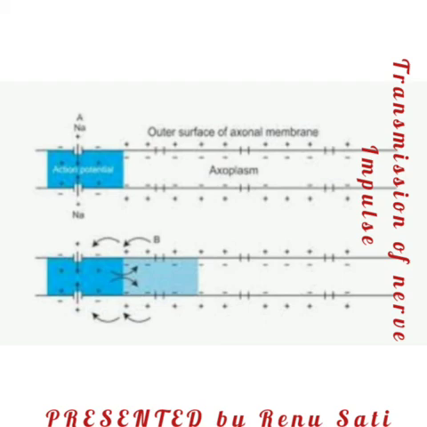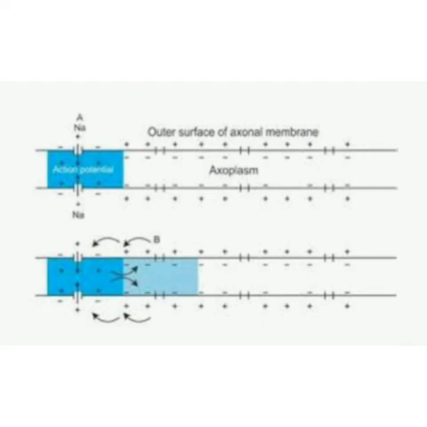It is quickly followed by a rise in permeability to potassium ions. Within a fraction of a second, potassium diffuses outside the membrane and restores the resting potential of the membrane at the site of excitation, and the fiber becomes once more responsive to further stimulation.